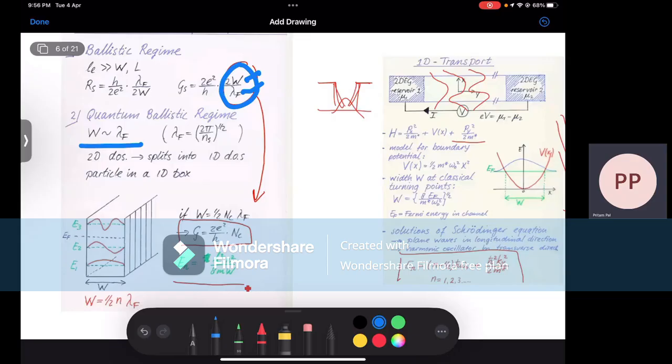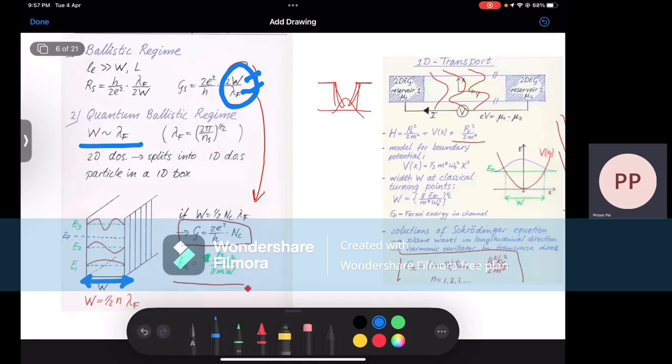So what is the box here? It is a box of width W, because we are in a two-dimensional electron gas. We already constrain ourselves in two directions, Z and X, which represents the transverse direction. We can still have one direction unconstrained, which is along the constriction.